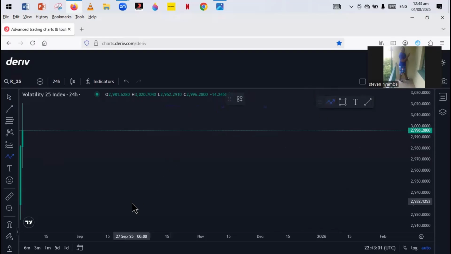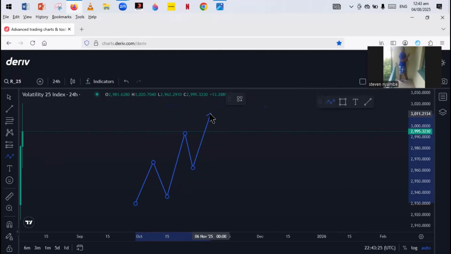Suppose price is breaking now structures to the upside, like that. Price breaking structures to the upside. Like that.